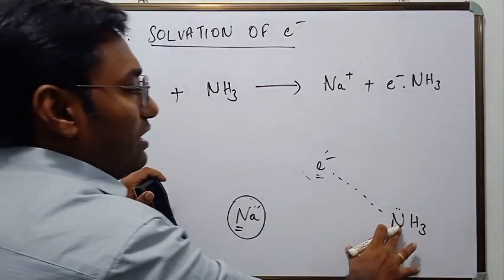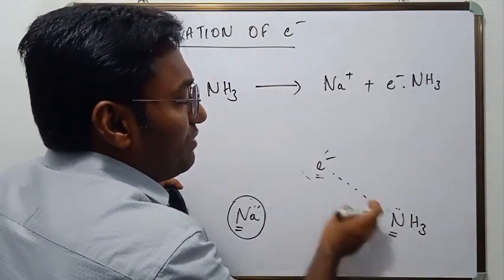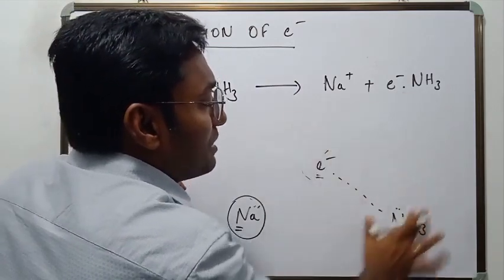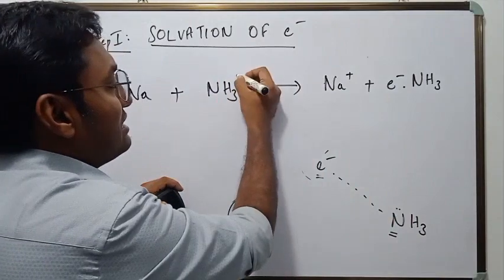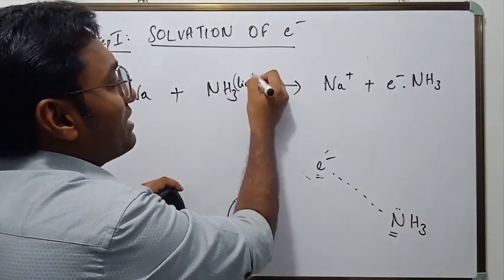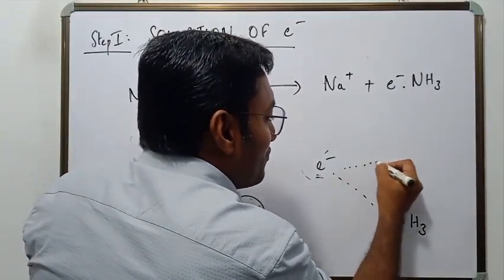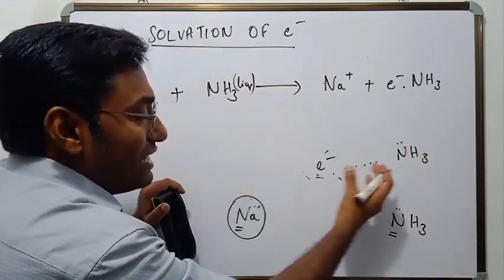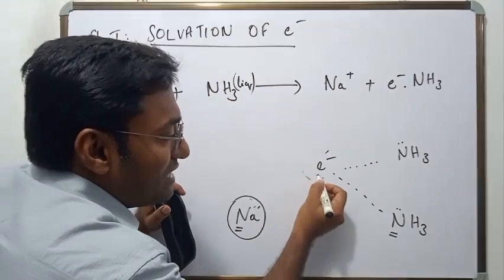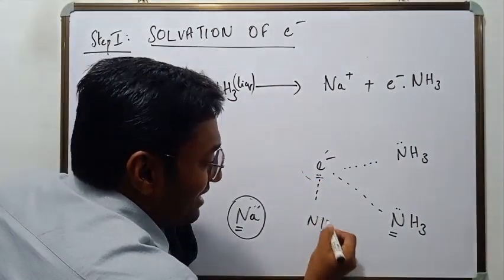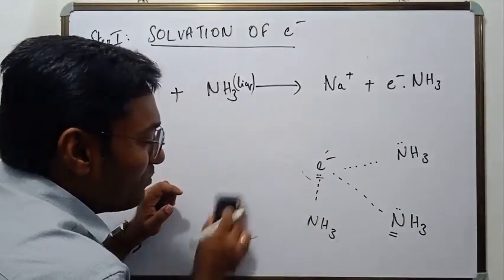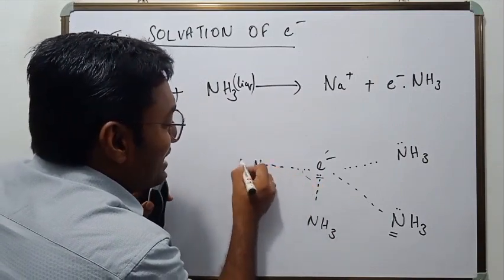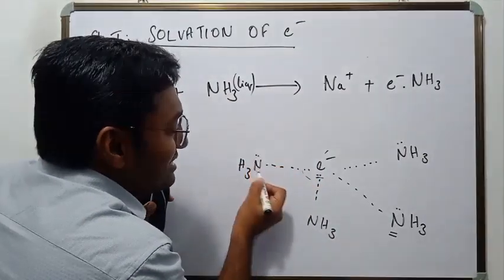Now this is not for only one ammonia molecule. There are so many ammonia molecules, because ammonia is the solvent here. It is liquid and it is the solvent here. So a lot of NH3 molecules get loosely associated with this electron, right? A lot of ammonia molecules would get loosely associated, because the nitrogen in NH3 is electronegative.